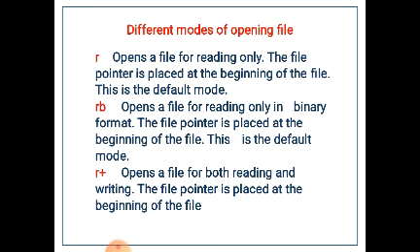So r is opening a file for read only, which displays whatever is in the file, but rb also displays the things in the file but in binary format. Similarly, the file pointer is placed at the beginning of the file. This is also a default mode.